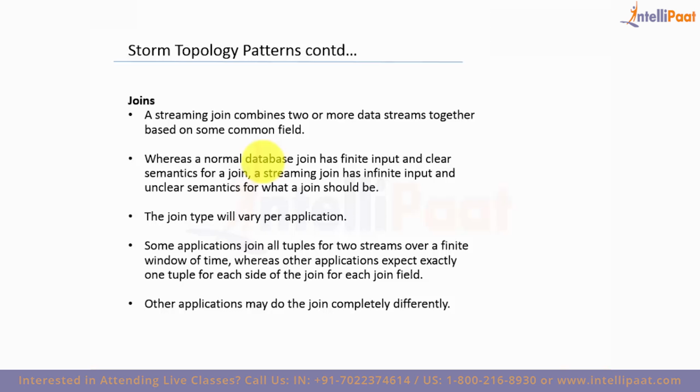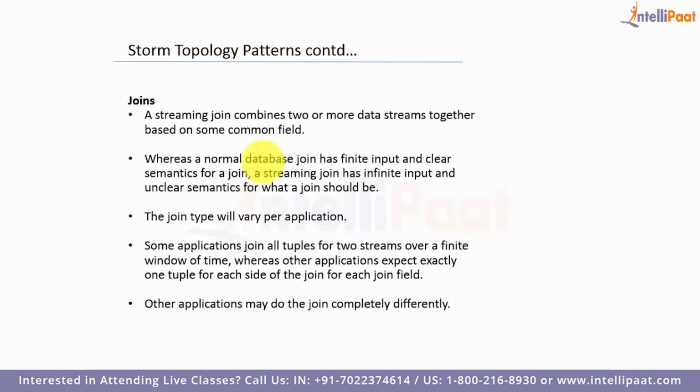First of all, I'm going to take up joins, also called streaming join. A streaming join combines two or more data streams together based on some common field. Whereas a normal database join has finite input and clear semantics for a join, a streaming join has infinite input and unclear semantics for a join to be defined and executed.